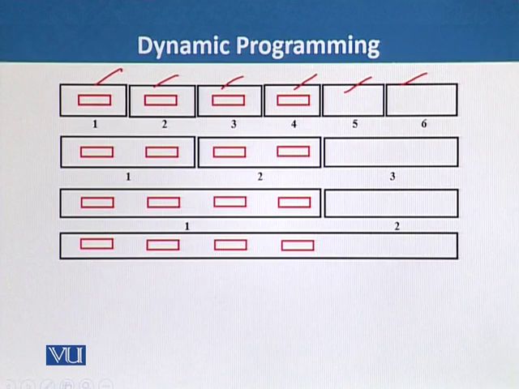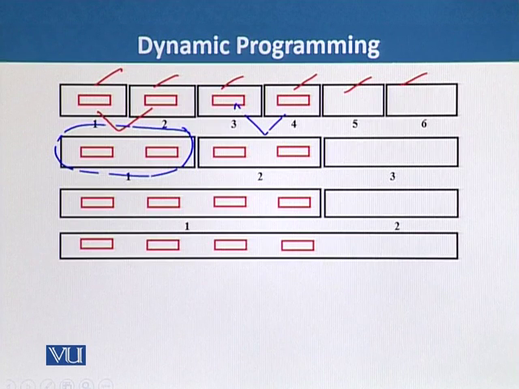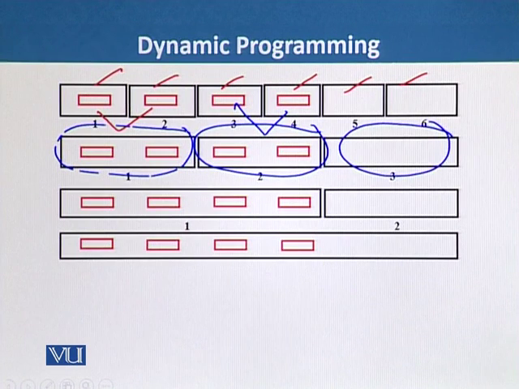For example, by compiling these 2 solutions, it will come up with a larger solution, and then it will compile the results of blocks 3 and 4, and similarly with 5 and 6. So after compiling the solutions of blocks 1 to 6, it comes up with only 3 blocks, 1, 2 and 3.